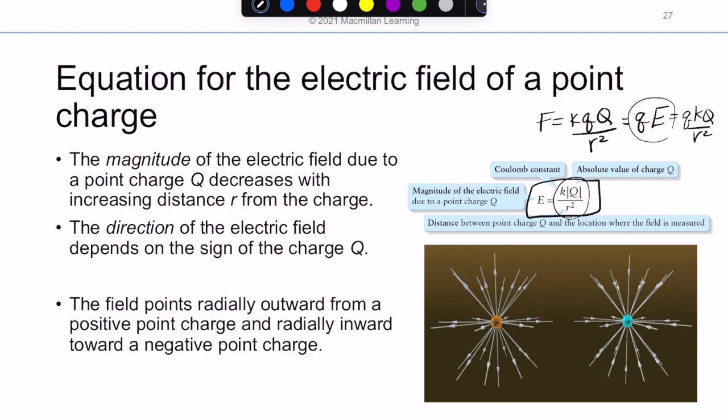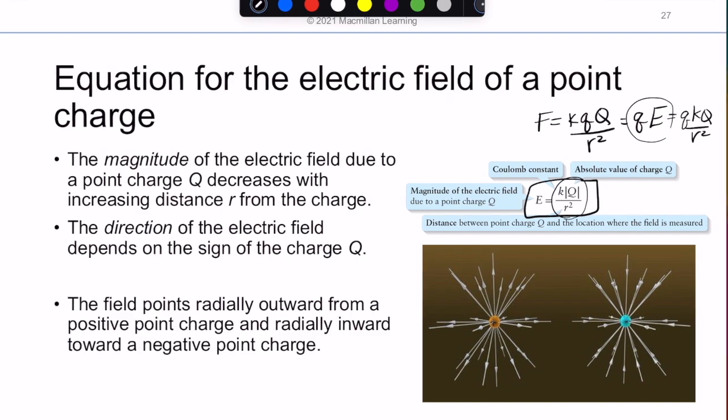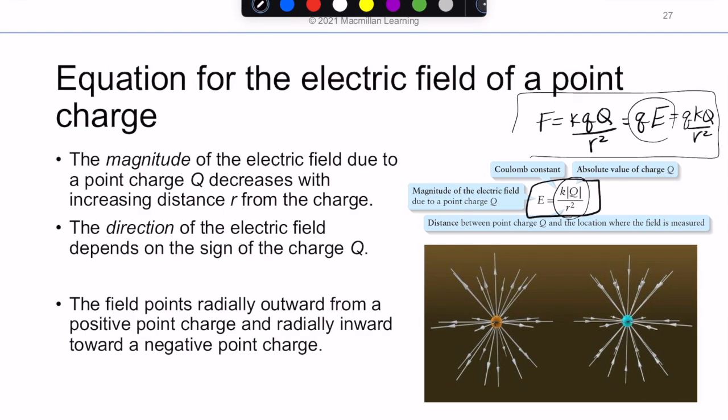You're going to get some questions in the chapter 16 homework that ask you for the force of something, and also questions that ask you for the electric field of something. It's really easy to get those two confused. When you understand fundamentally the difference between them and how they connect together, you're going to be very successful at these kinds of questions.